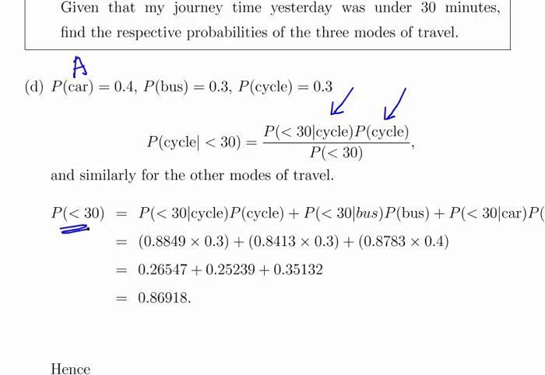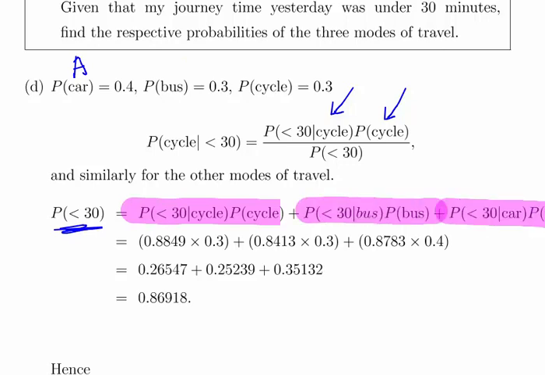Essentially, it's the combination of we cycled and it was under 30 minutes, plus the probability of getting the bus and it was under 30 minutes, and then the car and under 30 minutes. So this is using the conditional probability formula, splitting this up into 3 respective scenarios.